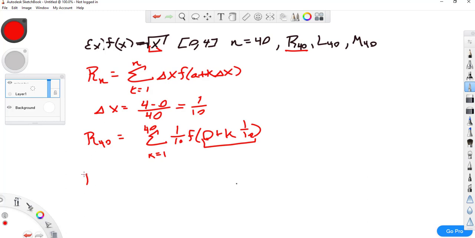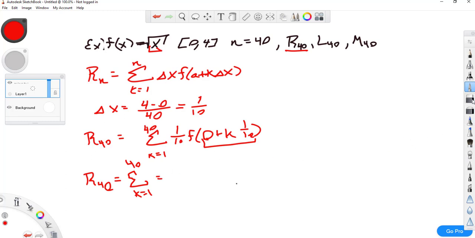So what that is going to be is R40 equals the sum from k equals 1 to 40.